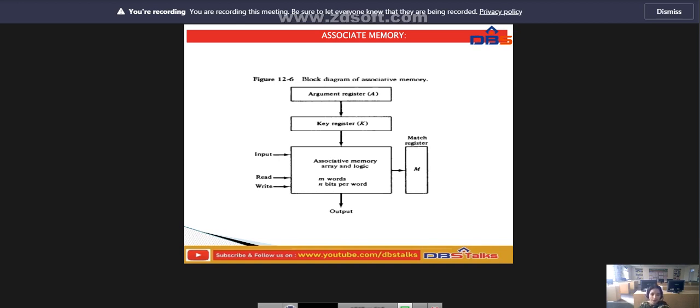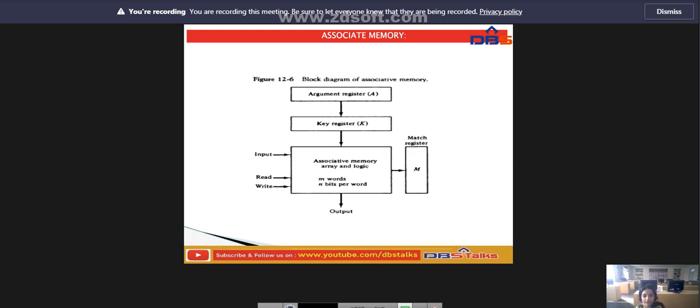A memory unit accessed by its content is called associative memory or content addressable memory, CAM. In shortcut, we can say CAM.